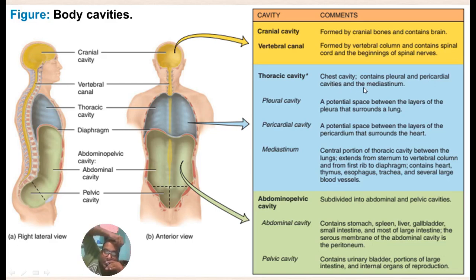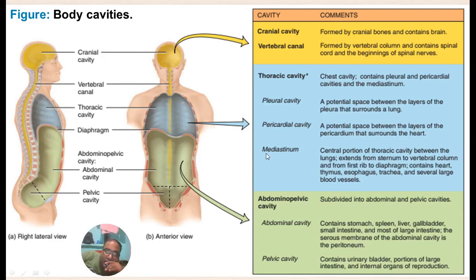The pleural cavity is the space between the layers of the pleura that surrounds the lungs. The pericardial cavity is a potential space between layers of the pericardium that surrounds the heart. So heart and lungs are both protected inside the thoracic cavity.